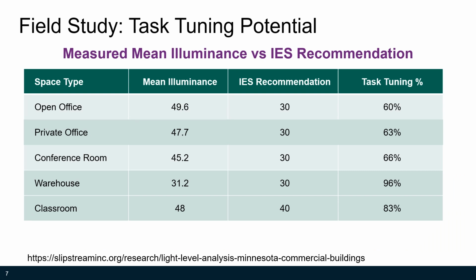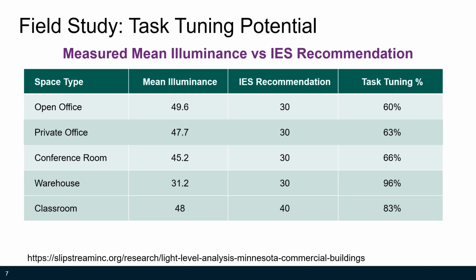To quantify the magnitude of potential energy savings and light level optimization, I'm going to refer to some of Slipstream's research findings from a lighting characterization study conducted in Minnesota. This characterization included site visits to accurately measure light levels in a representative sample of space types, where LED retrofits had occurred.